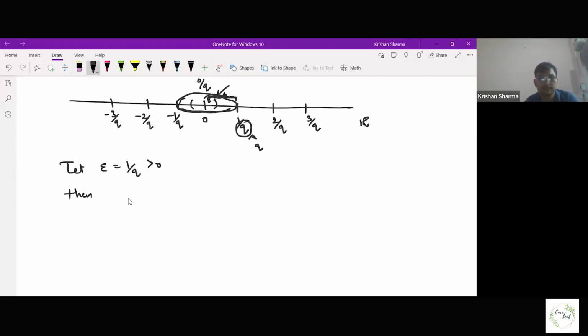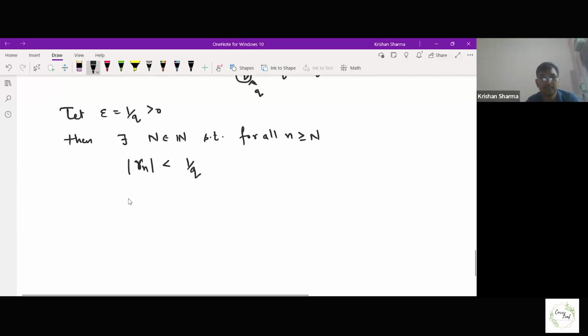Then there exists a capital N belonging to the natural numbers such that for all n greater than or equal to N, our term |r raised to power n| is less than 1 upon q. Now, what does that mean?